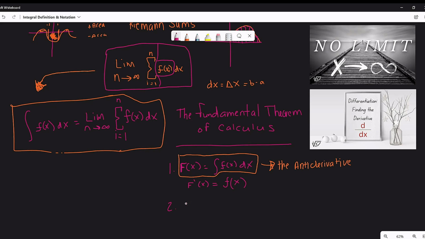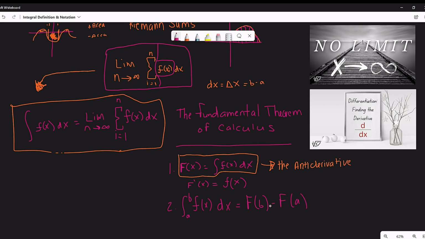if we had a definite integral instead of an indefinite integral like we've seen so far, a definite integral has an upper and lower bound. Let's say the lower bound was a and the upper bound was b. We could, of a function f of x, find the antiderivative at b and subtract it from the antiderivative at a.